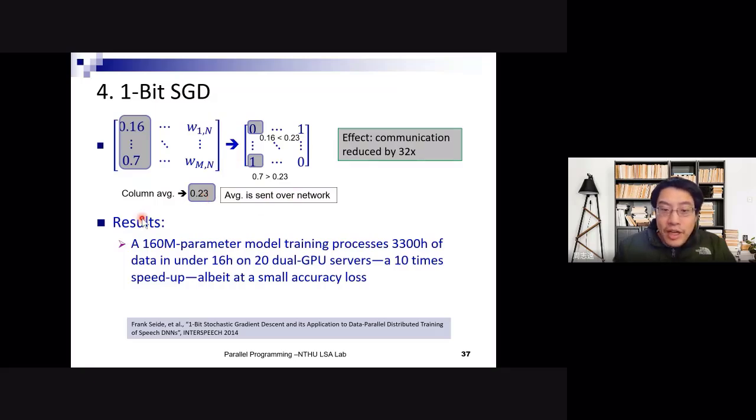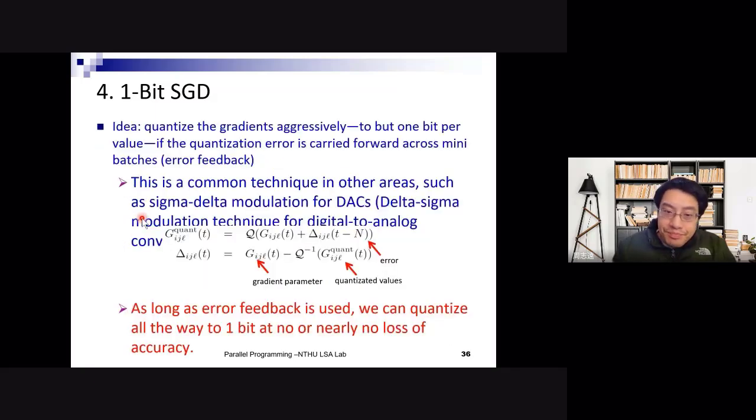And of course, you cannot just quantize the value arbitrarily, right? Every quantization algorithm has a theory or proof behind it to ensure that at least it will still allow the training to converge. So there is some property behind it.